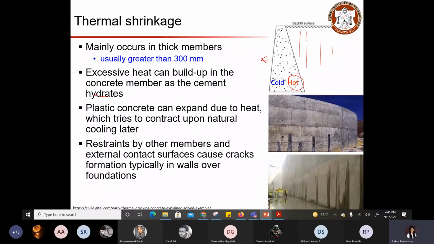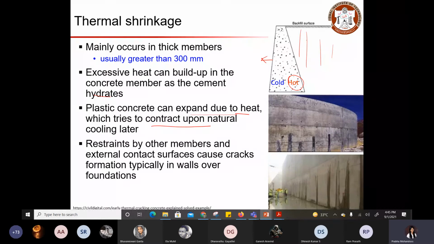Because of this temperature variation, you will start observing cracking on the surface. Why? Because the hot side will try to shrink, and the other side, this cold region, will not allow your concrete to shrink, and that will lead to cracking. So the plastic concrete can expand due to heat, which tries to contract upon natural cooling later.